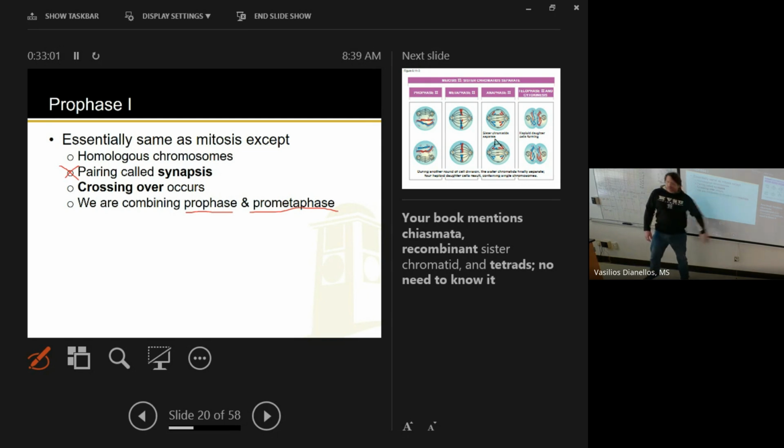I don't like these extras. But I teach from the textbook, so I want to make sure that if you're reading the textbook, as I'm sure you do all the time, you see that I'm recognizing your textbook says this. I haven't ignored it. We're just not using that terminology. So any questions about prophase 1 before we talk about the second round of meiosis?